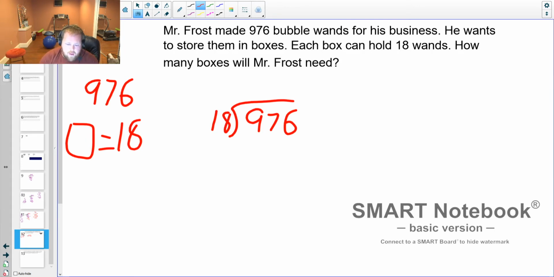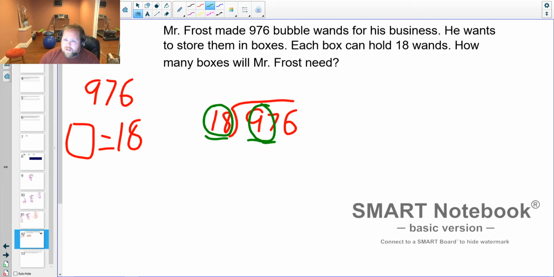Okay? So, let's take a look at this. 18. Let's change the color again, just for fun. 18. Can it go into 9? No. Can it go into 97? Yes. Now, here's what I'm thinking. 18 and 97. 18 is very close to 20. 97 is very close to 100.